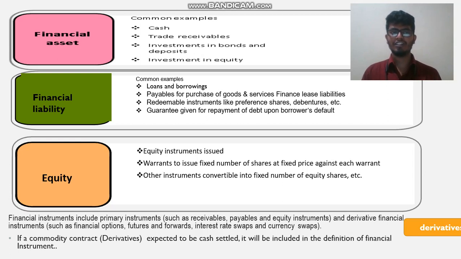This is a contract to deliver an asset or one particular commodity in future for a fixed price, which is determined at the time of entering the agreement. Here, on the date of executing the contract, if both the parties agree to settle the contract in cash, then it is included in financial instruments.